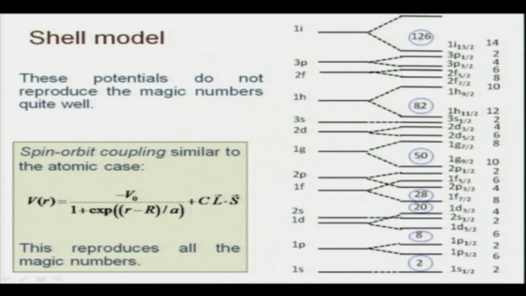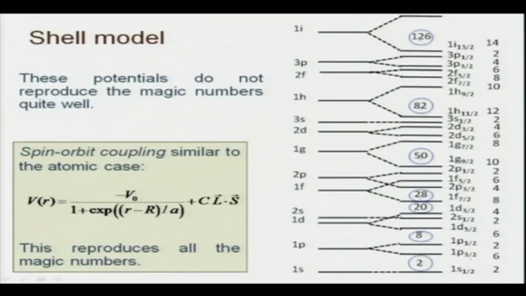we again label these energy levels, similar to the atomic case, as n, l, j, like 1 s half. The 1 corresponds to the principal quantum number, s corresponds to L equal to 0, the angular momentum quantum number, and half corresponds to the total angular momentum value j.